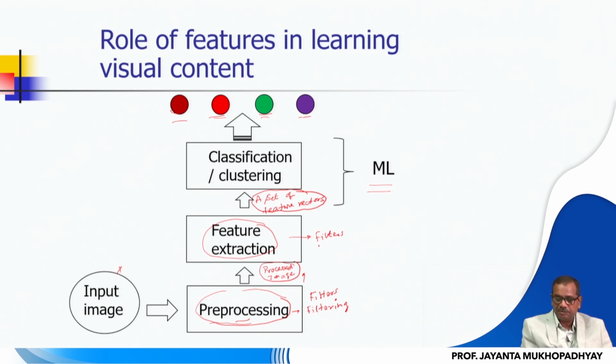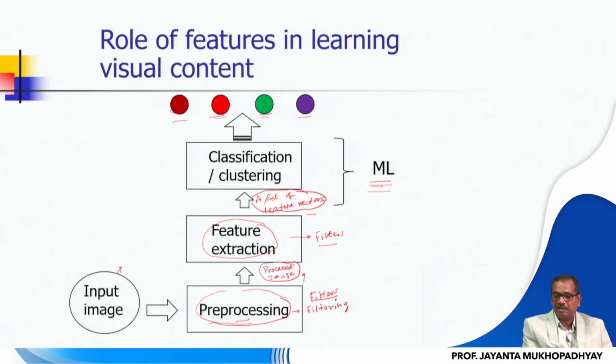So these filters could be pre-designed. We call them handcrafted filters that you are using, and then it gives you the set of feature vectors. And now this becomes your learning task, which starts with this input of a set of feature vectors.